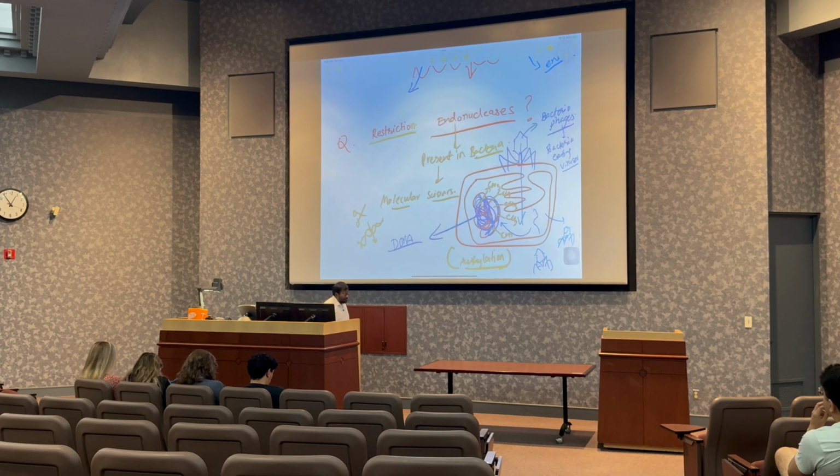But for the first time, we never knew we could use this machinery of bacteria for our benefit. How? Because those restriction endonucleases cut the DNA at a specific sequence. If you were to do that yourself, it would take a lot of time, and maybe you would not be able to do it. Why?